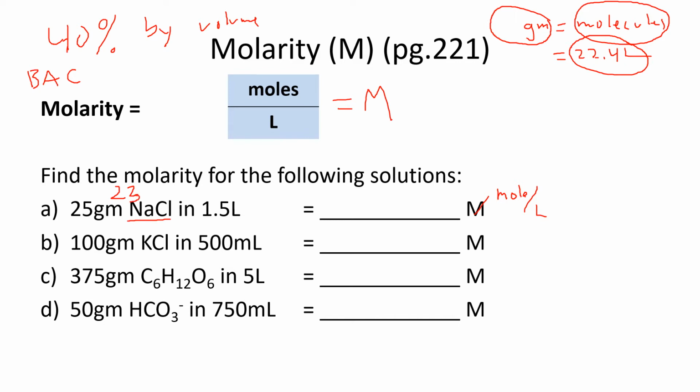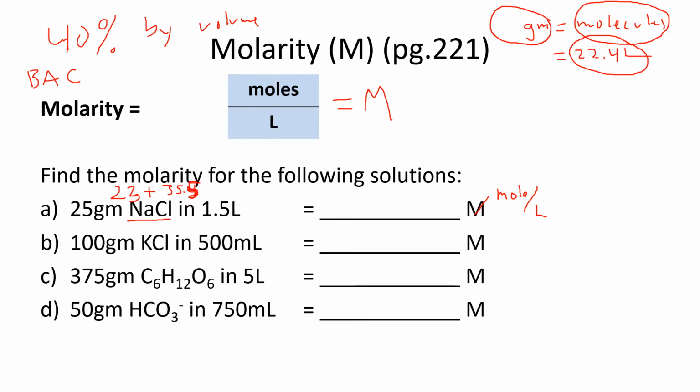Let's use 23. And then what is the atomic mass of chlorine? 35.43. Let's use 35.5. All right, that's better.